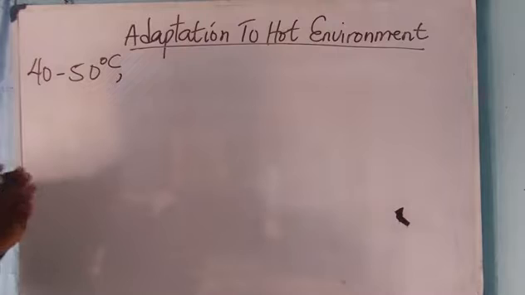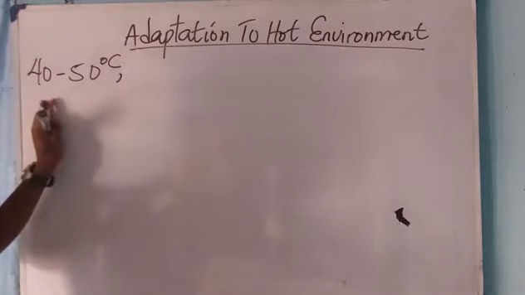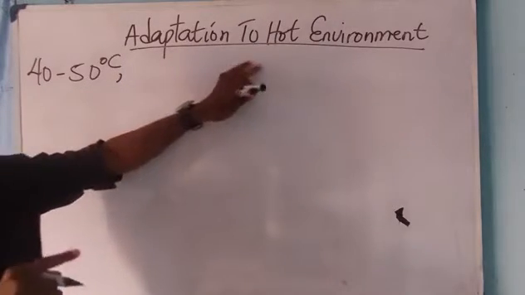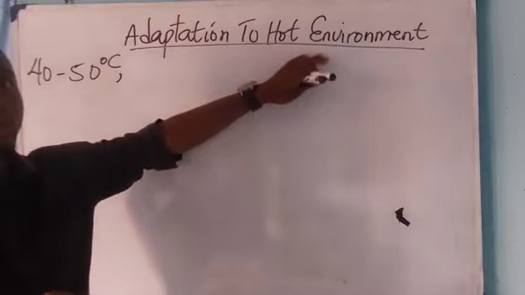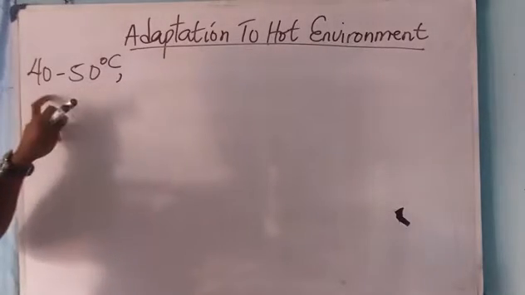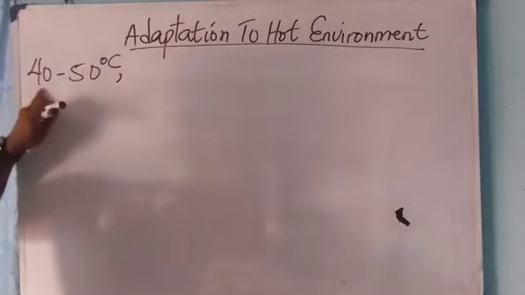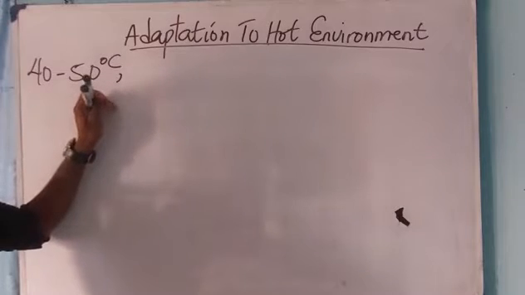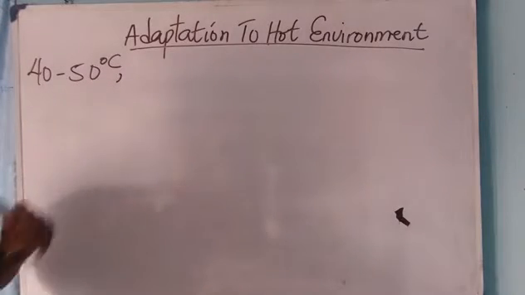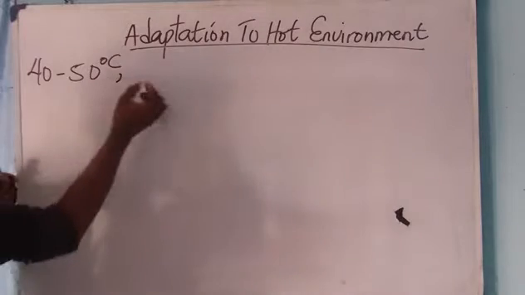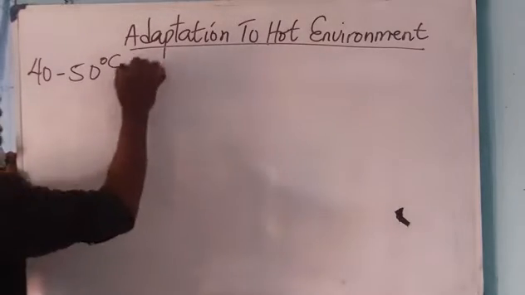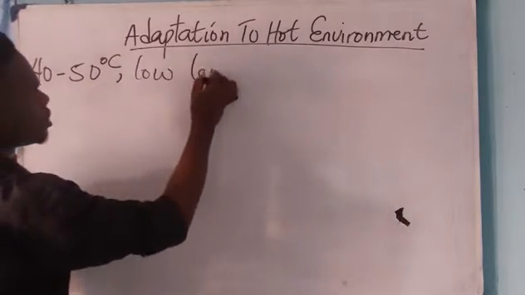Which means that during the dry season in the tropical region of deserts, the temperature is as high as 40 to 50 degrees Celsius. But at night, the temperature falls drastically.